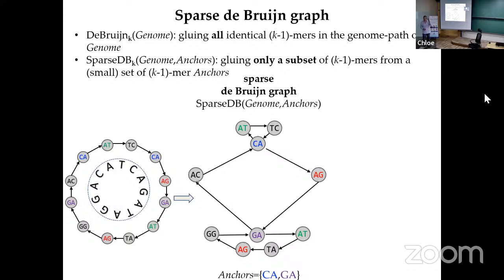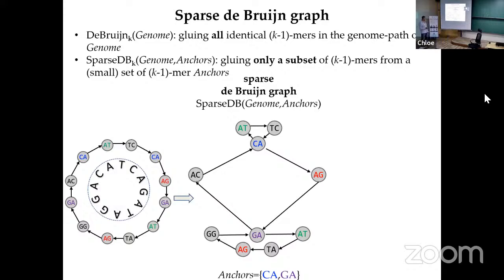We select some set of identical (k-1)-mers, and this set is called anchors, and we glue only some of them. For example, here we selected GA and CA, and we glue only that. As a result, it's the sparse de Bruijn graph of the genome for a given set of anchors.